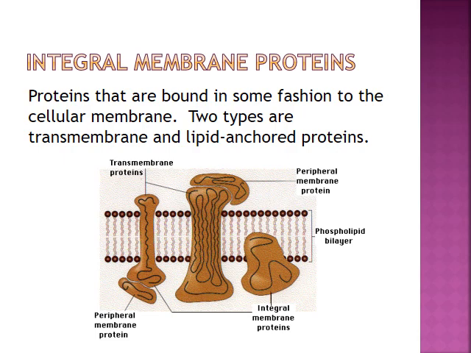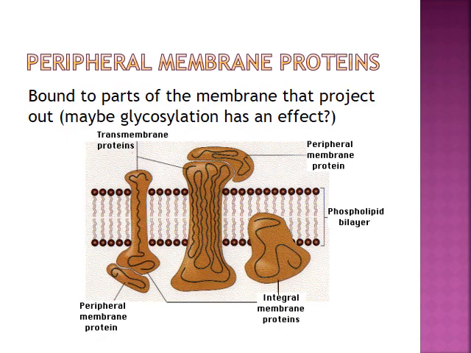Attached to these integral membrane-bound proteins are termed peripheral proteins. Peripheral proteins are on the outside. Think of your peripheral vision. It's to the sides. So you've got something going on associated with the membrane but not directly connected to it. This is connected to a protein that is connected.